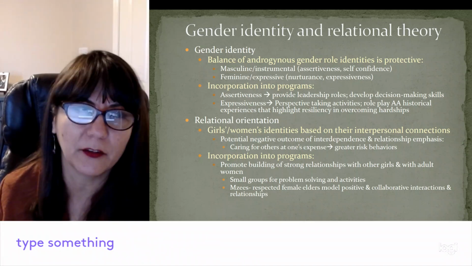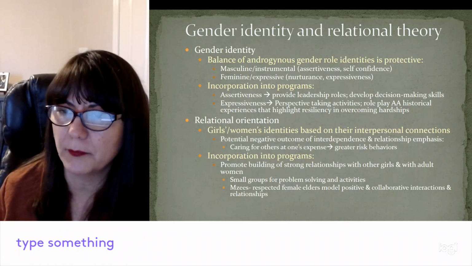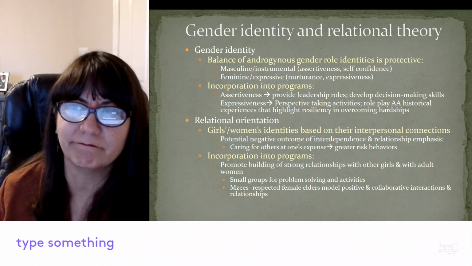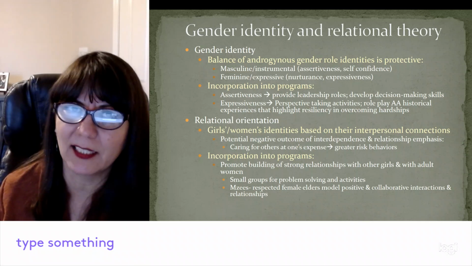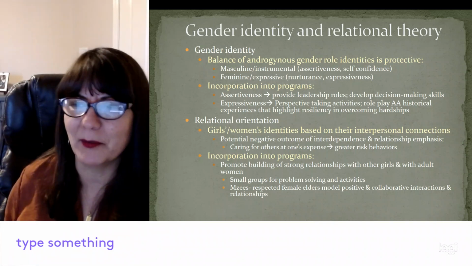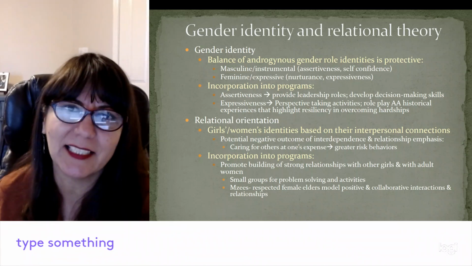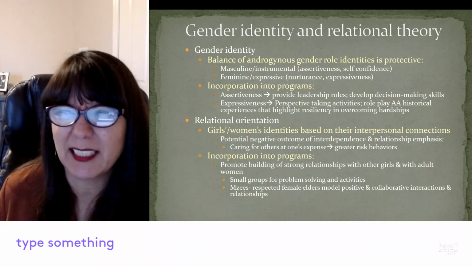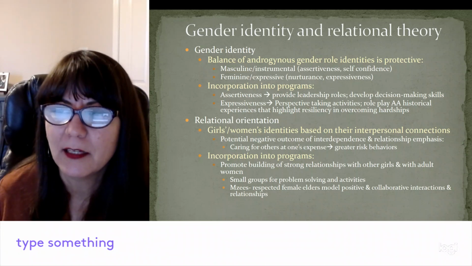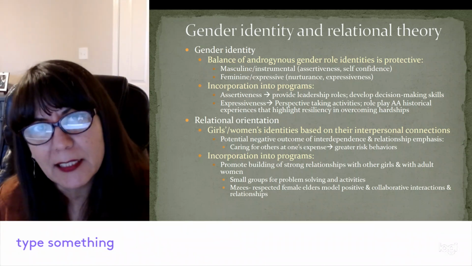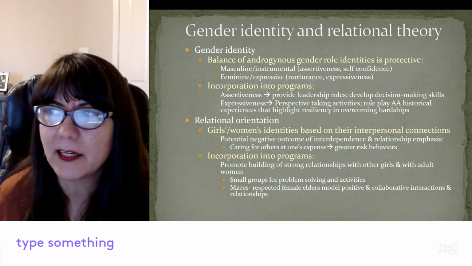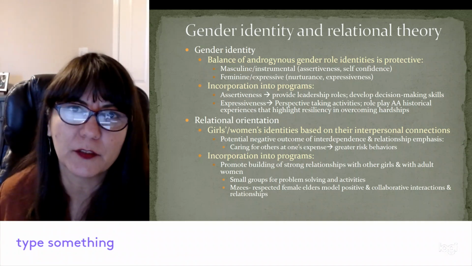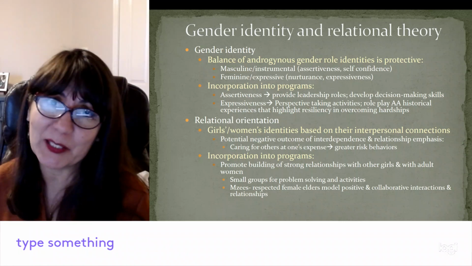And so sometimes this interrelational orientation worked against the well-being of the girls. So how did they incorporate these characteristics or these issues into the program in a way that would actually benefit?